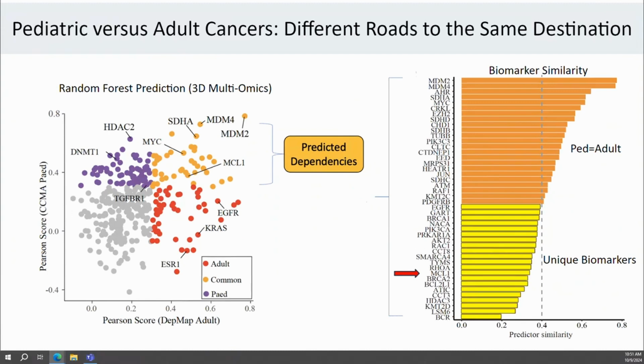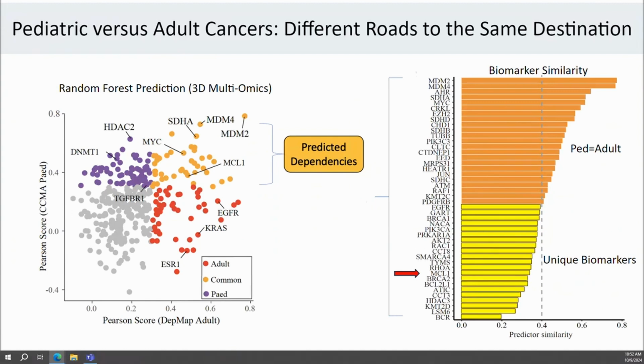So you can see here, if you focus on the dots color-coded in yellow, these are genetic dependencies that have molecular features that correlate to them in both adult and pediatric cancers. And essentially what we find is that about half of these genes do in fact have unique molecular features that correlate to response in pediatric cancers. And those are color-coded here in yellow.